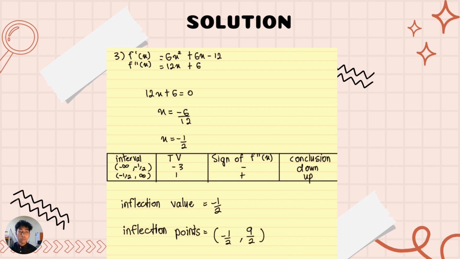We just substitute the inflection value into the original equation, which is 2x cubed plus 3x squared minus 12x minus 2. So after the calculation, we got the inflection point (-1/2, 9/2).